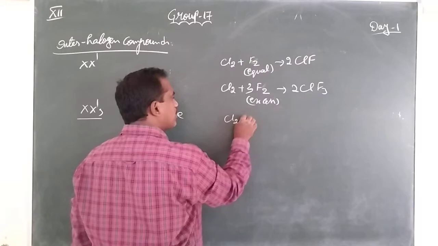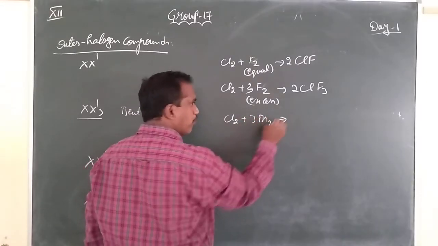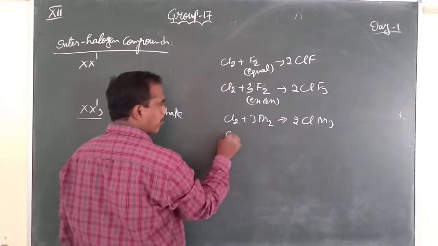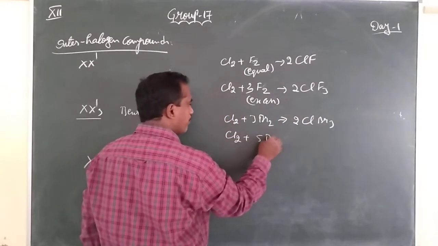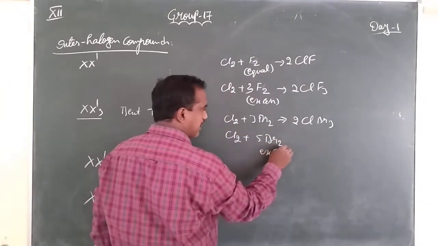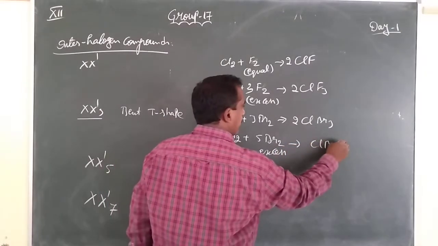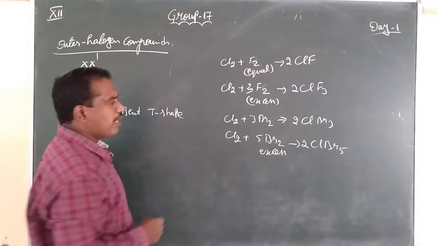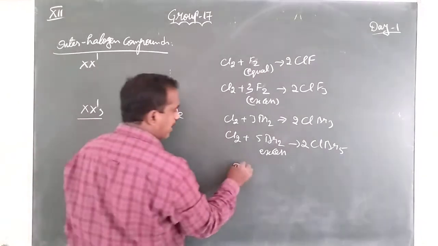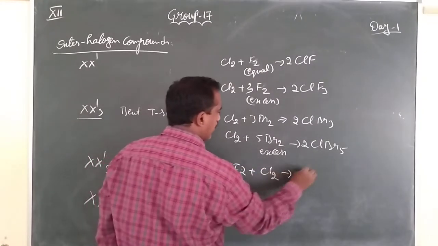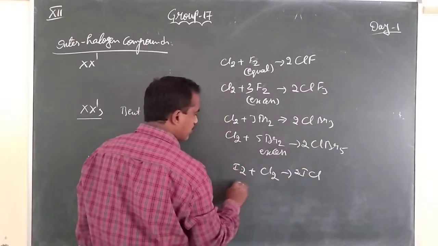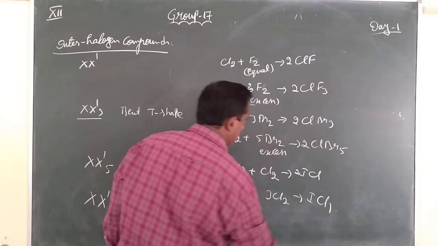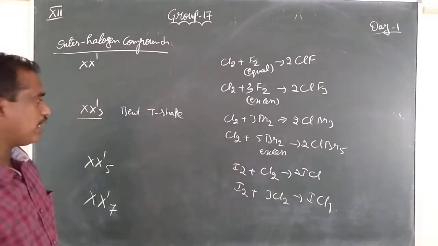Chlorine reacts with bromine to form chlorine monobromide, and with excess bromine to form chlorine pentabromide. Similarly, iodine reacts with chlorine to form iodine chloride, or iodine trichloride. These are the preparations of the interhalogen compounds.